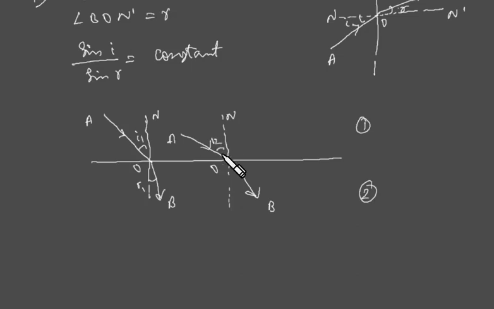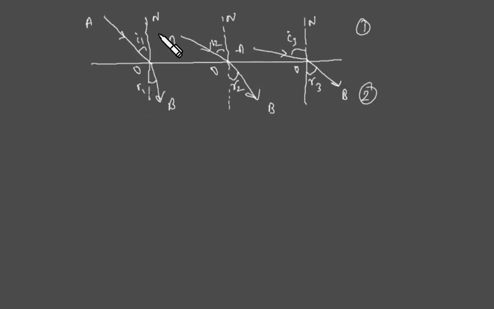This is I2, this is R2, and then again I have increased the angle of incidence further and it looks something like this. Then it bends towards this. So A, O, B, N, and this time the angle of incidence is I3 and the angle of refraction is R3. So what does the second law say?